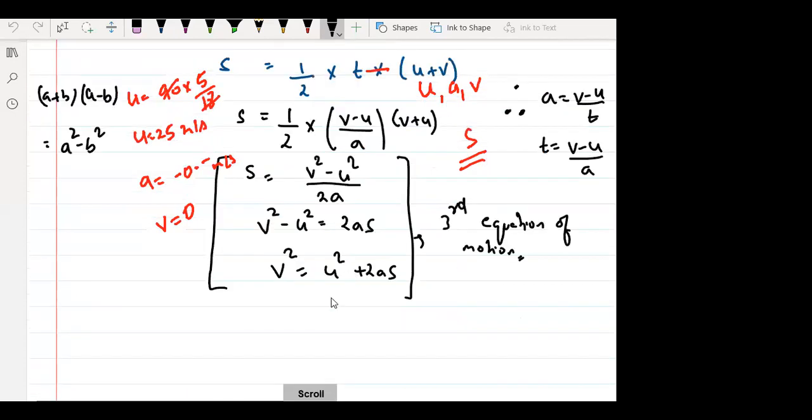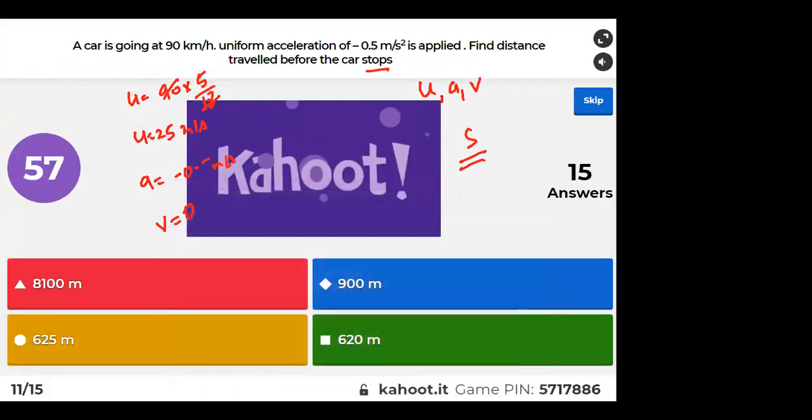This is the third equation of motion, yes or no? Think about it, guys.